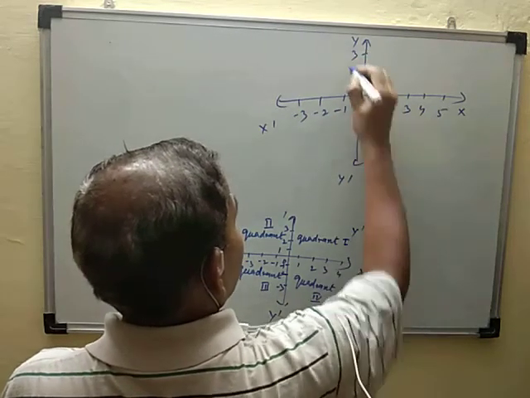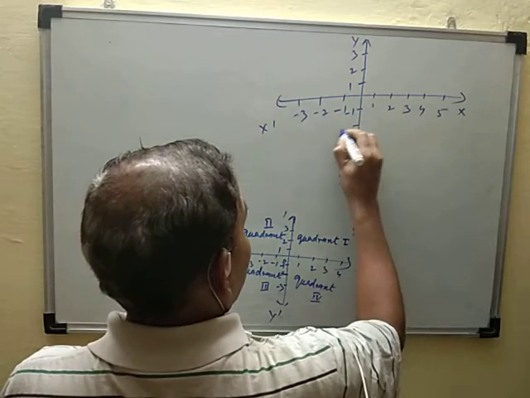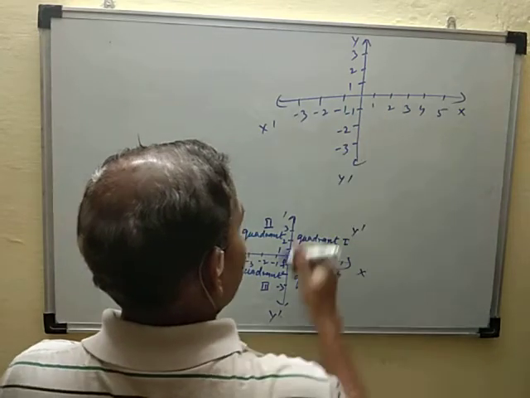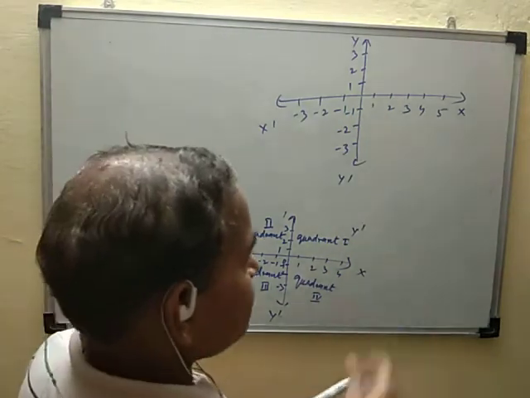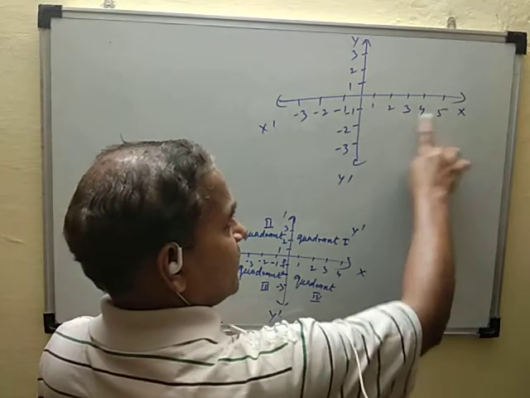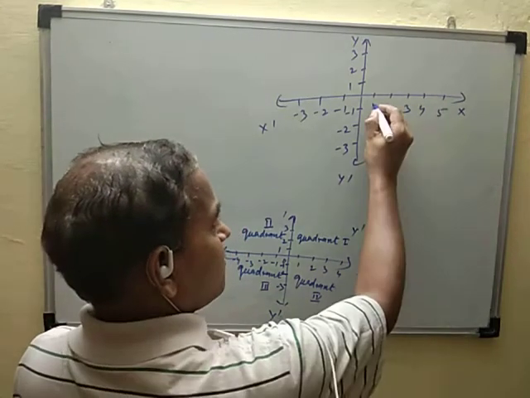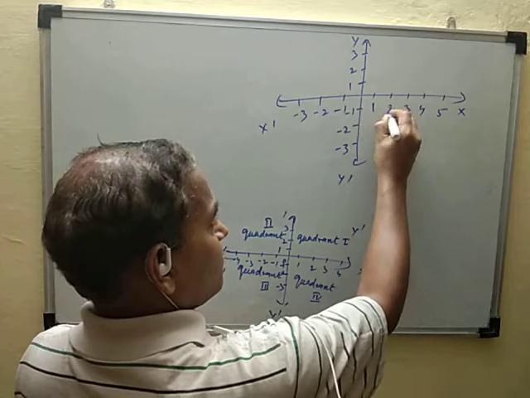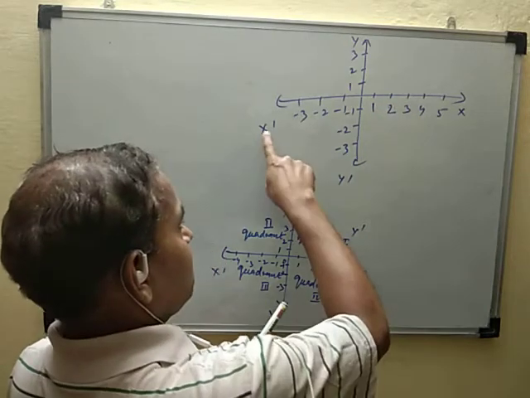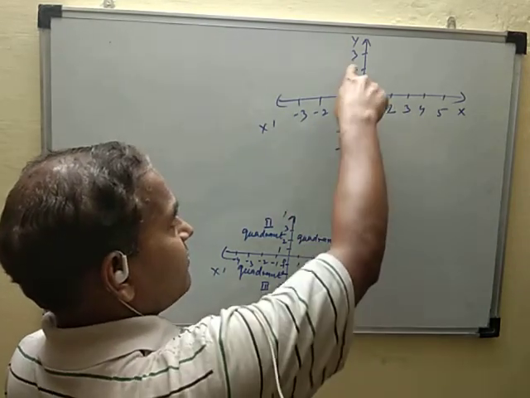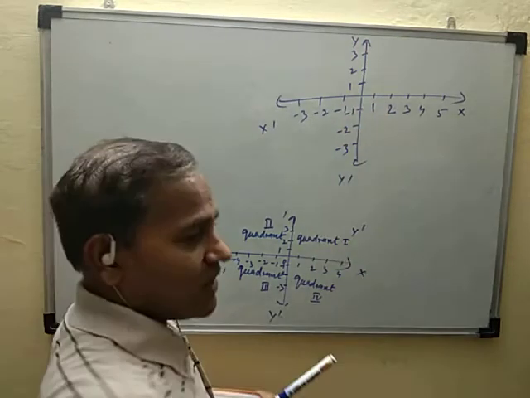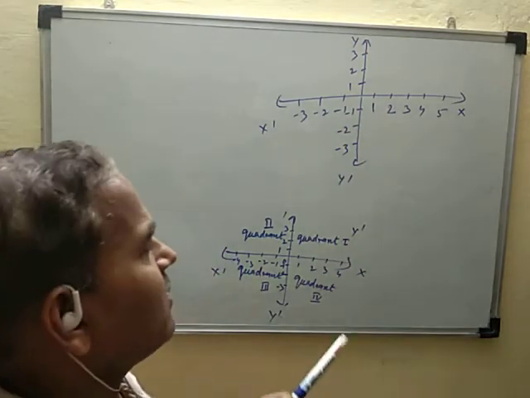Along the x-axis all are positive values, and in x dash all are negative, y positive and y dash negative.